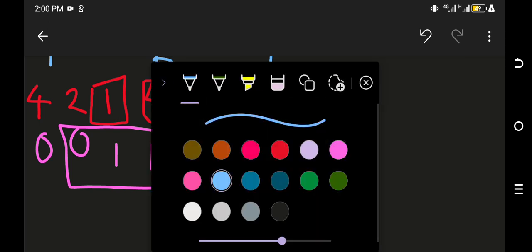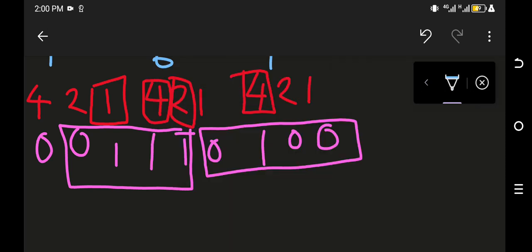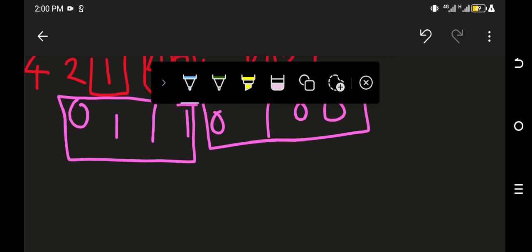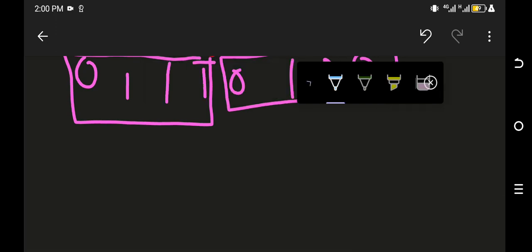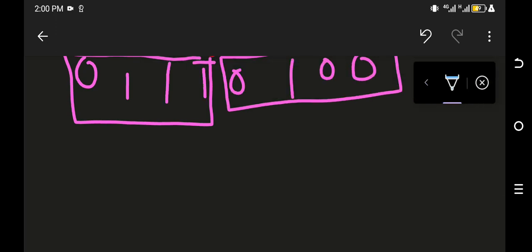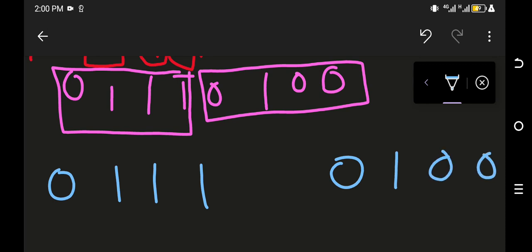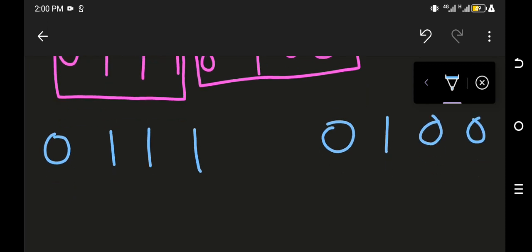We are going to neglect the 0 here because it's not useful anymore. So the numbers are 0, 1, 1, 1 in the first group of 4, and 0, 1, 0, 0. We have two groups of 4.